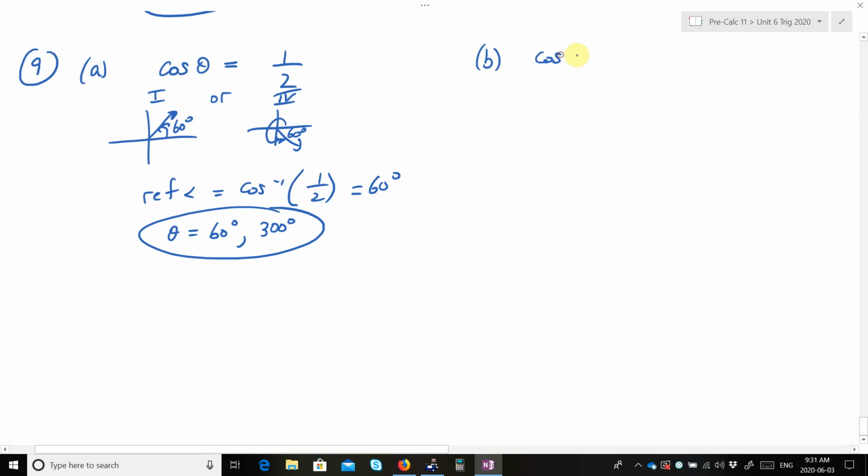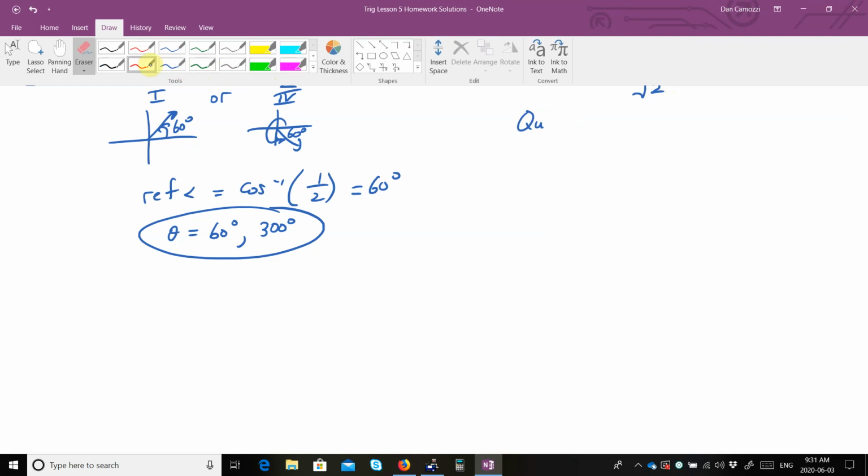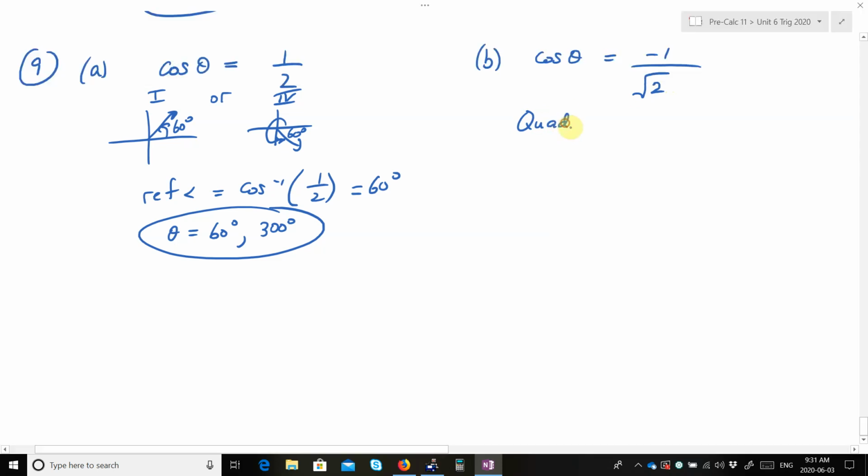Okay, in letter B, we have cos theta equals negative 1 over root 2. And where is cos negative? Cos is positive in 1 and 4, so it's negative in quad 2 or quad 3. Quad 2 would be an angle like that, and quad 3 would be an angle like this.